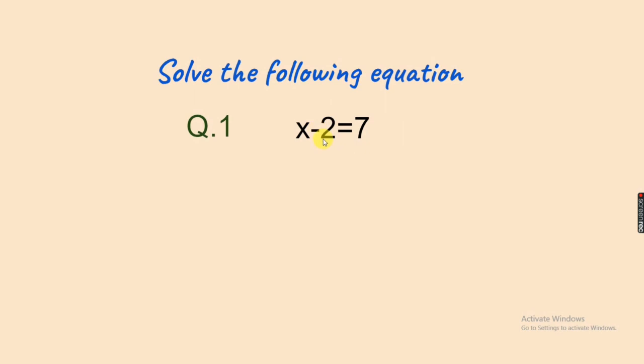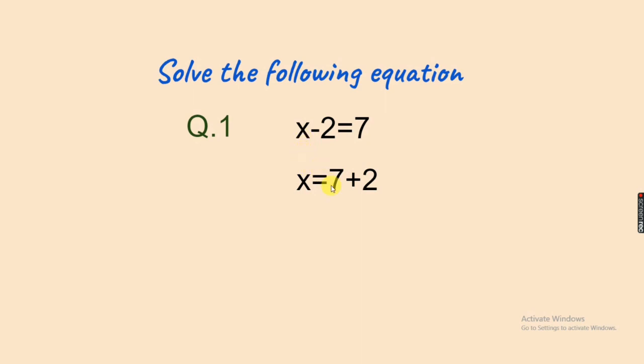Now we would shift this minus 2, but there is a rule. When we shift any constant number to the other side, its sign gets changed. Here the 2 is with a negative sign, but when we transpose it to the other side, it would change into the positive sign.